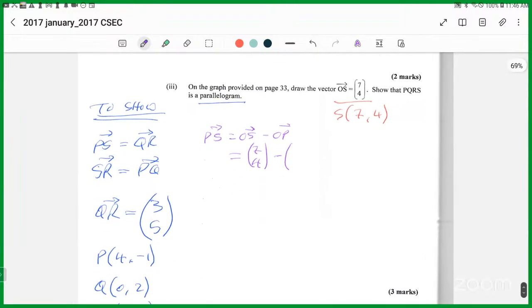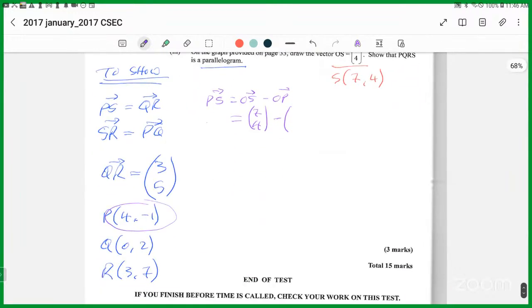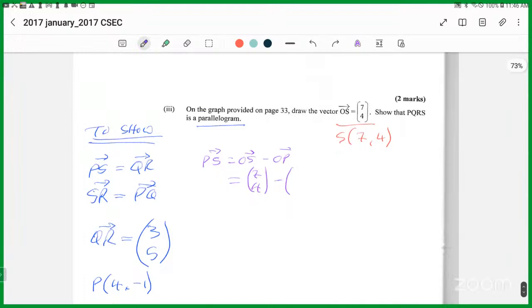OP is (4, -1), which is going to be 7 minus 4 is 3, and then 4 minus a negative 1 becomes 4 plus 1 is 5. That is PS. But (3, 5) is also QR.